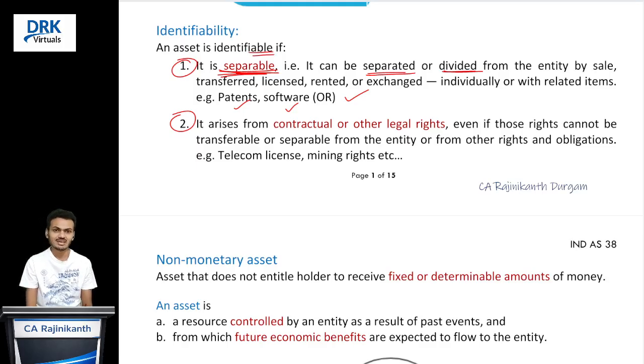And one more thing, even if an asset is not separable, we can say that it is an identifiable asset if it arises from contractual or legal rights. The best example I can tell you is telecom licenses granted by the government and mining rights as well, because they come from contractual or other legal rights, right?